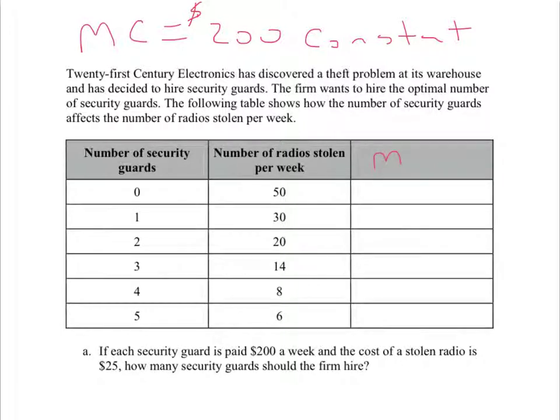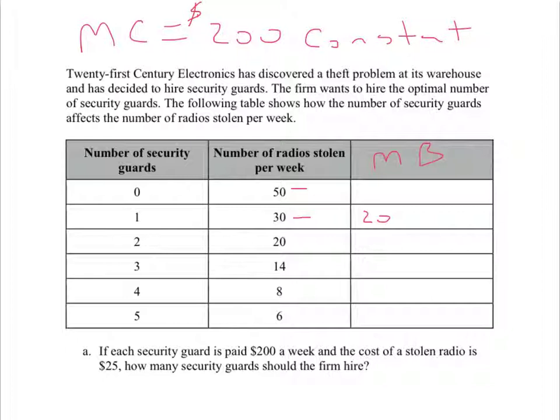So that leaves marginal benefit. What is the marginal benefit of a security guard? Well, the benefit of hiring a security guard comes in terms of fewer stolen radios. The first security guard reduces the number of stolen radios from 50 to 30, a savings of 20 radios, 20 fewer stolen radios. In dollar terms, what does that mean to the firm?